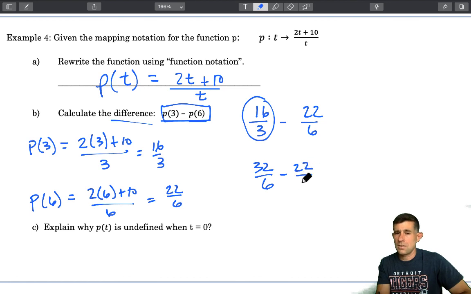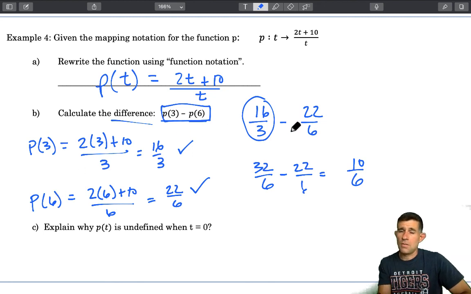If we subtract 22 sixths from that, we're going to end up with 10 sixths. There you have it. There is the result of taking p of 3 minus p of 6. So a couple things we had to do there. We had to first evaluate both p of 3 and p of 6, and then we had to subtract them.